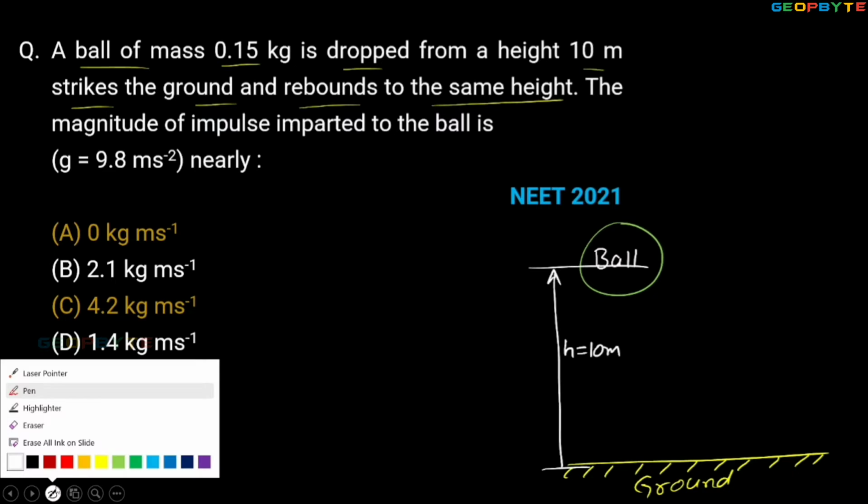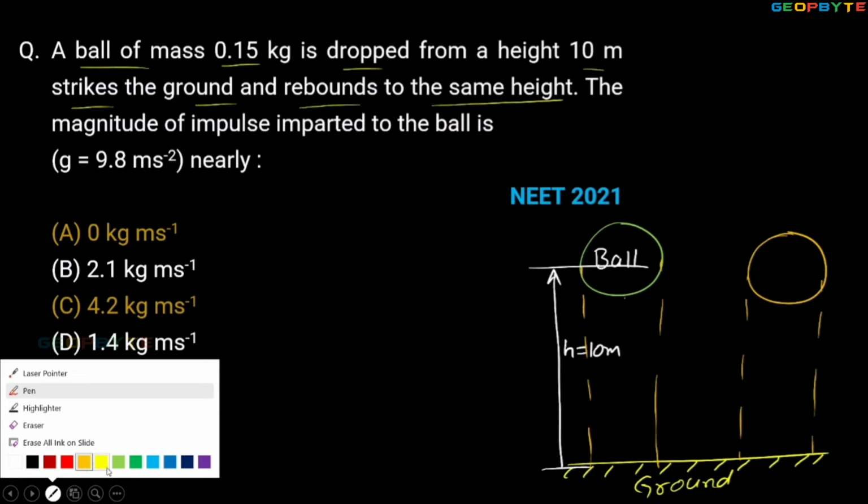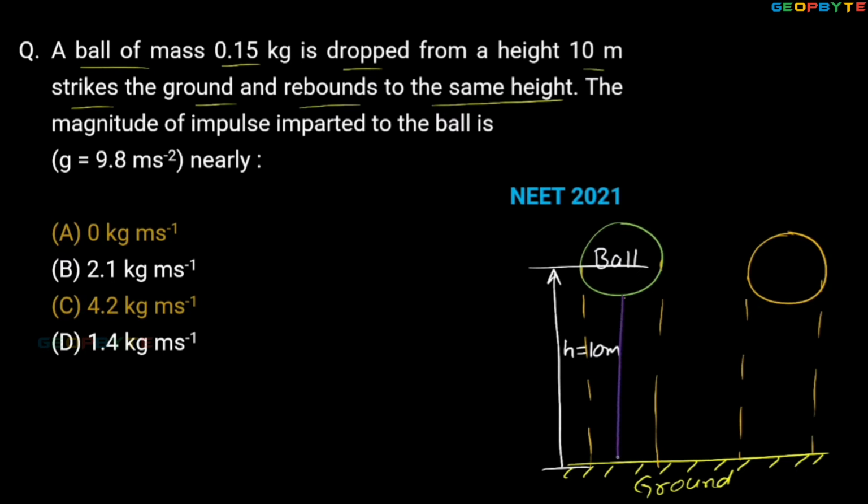It is moving towards the ground, hitting the ground, and rebounding to the same height. The body is traveling towards the ground with a velocity v, and for having the same rebounding height, it must be hitting and leaving the ground with the same velocity.